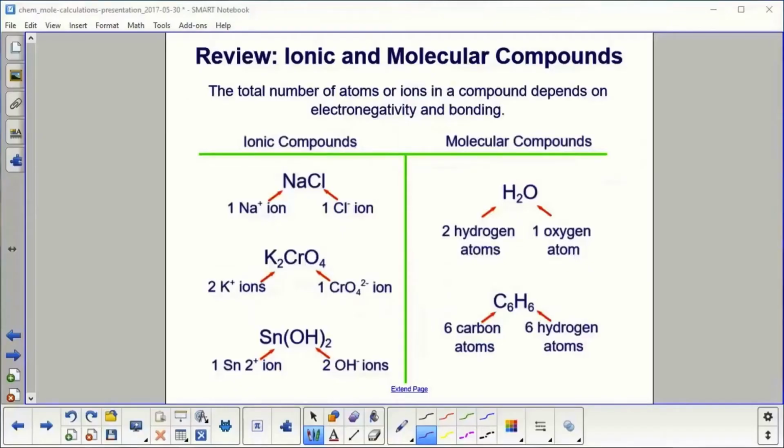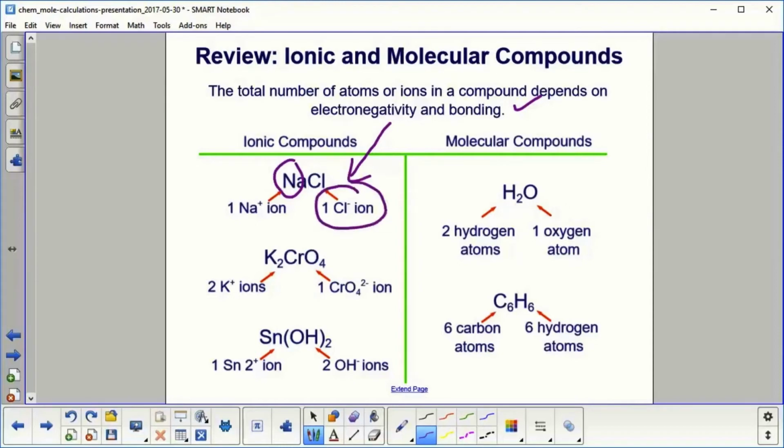In order to do calculations involving ionic and molecular compounds, we're just going to have a quick review here. The total number of atoms or ions in a compound depends on electronegativity and bonding. So here are ionic compounds. Sodium chloride, we have 1 sodium ion, 1 chlorine ion.